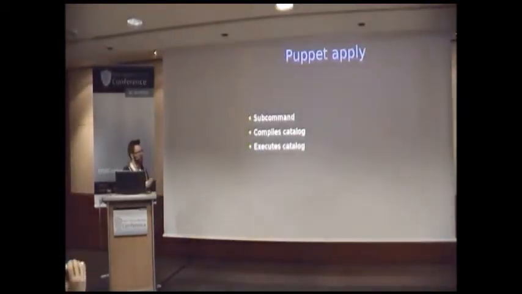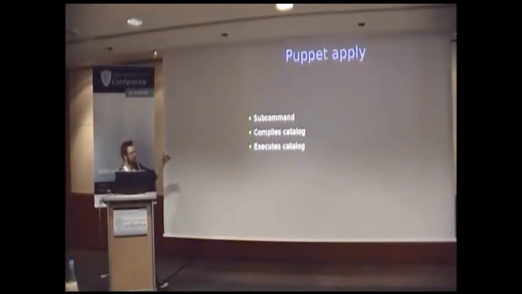So Puppet Apply wasn't on this slide, but essentially it does all the same things as the Puppet master and agent do, except it cuts out the XML-RPC over HTTPS connection. Puppet Apply does all the compiling of the catalog, parsing all the modules, all the files. It compiles the catalog and it executes it itself.